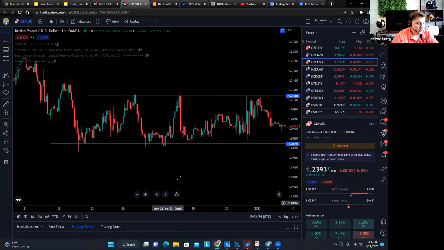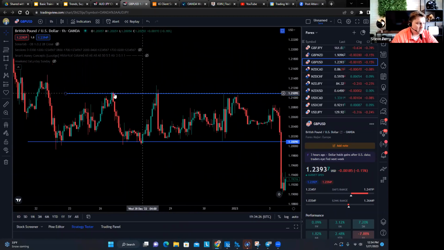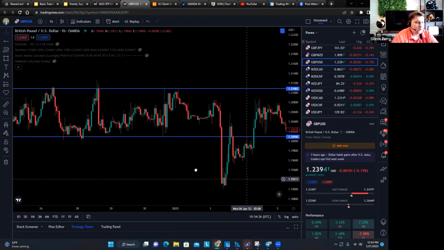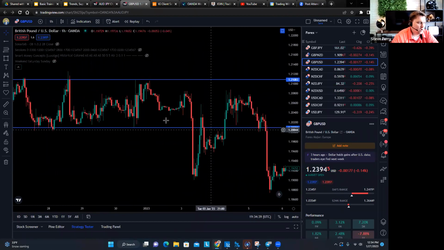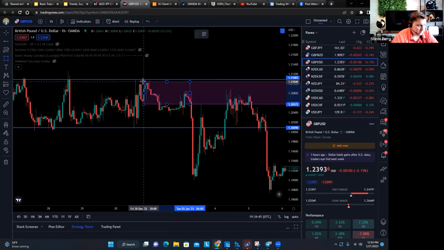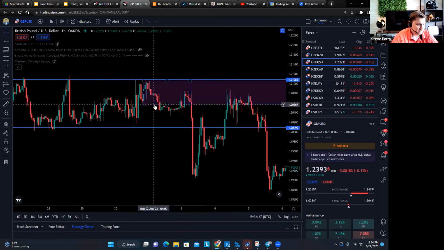What are you looking for? You're looking for solid support and resistance. We've established that. We got a range here. If we break to the downside, we're looking for sells. It broke down. Where's the last little supply area?